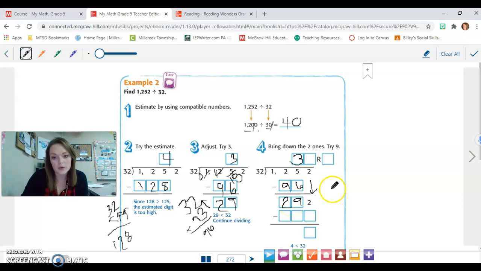Whoa, big number. All right, let's think about this. Mrs. Wiley's going to start writing in the margin. So 32, let's see. Let's try times 8. So some of these problems, you're going to have to just pick a number. It's trying and solving and figuring out what number you can get it closest to.